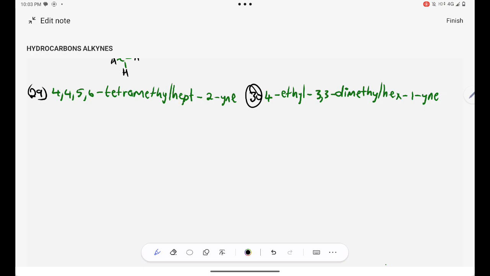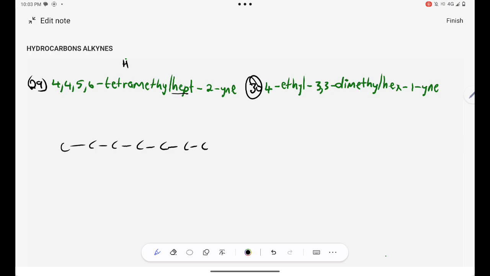And then for the next one, the parent chain has 7 carbons. 1, 2, 3, 4, 5, 6, and 7. Between 2 and 3, I have my triple bond. So all I have to do is to fully bond the other carbons.